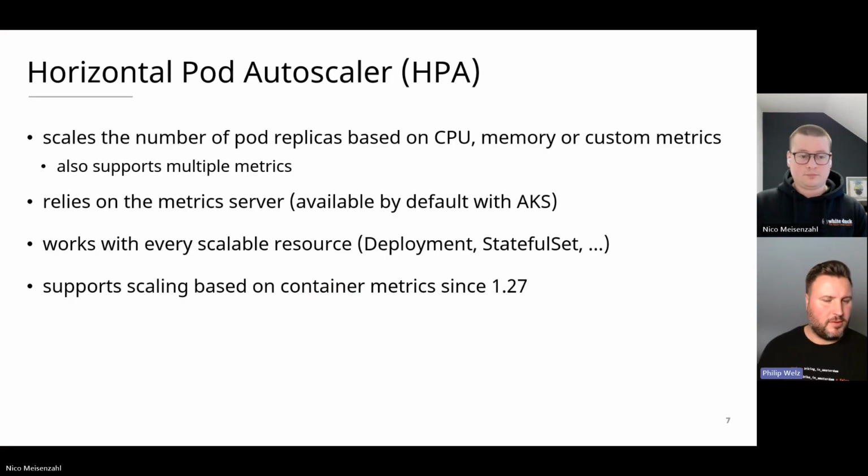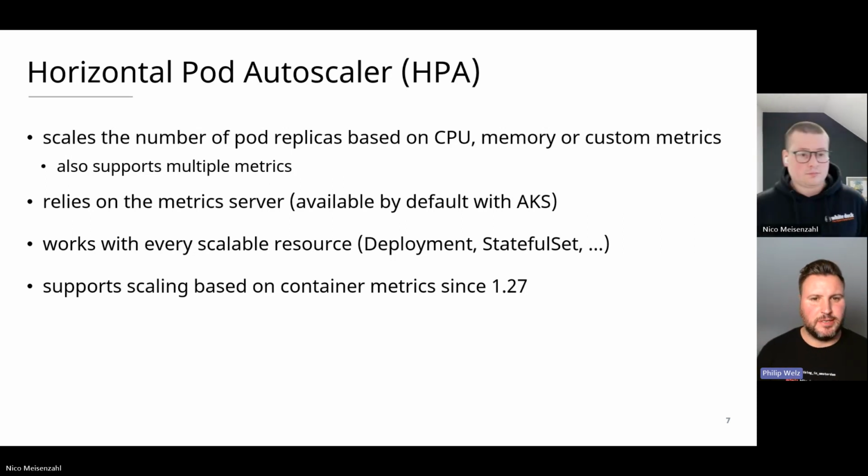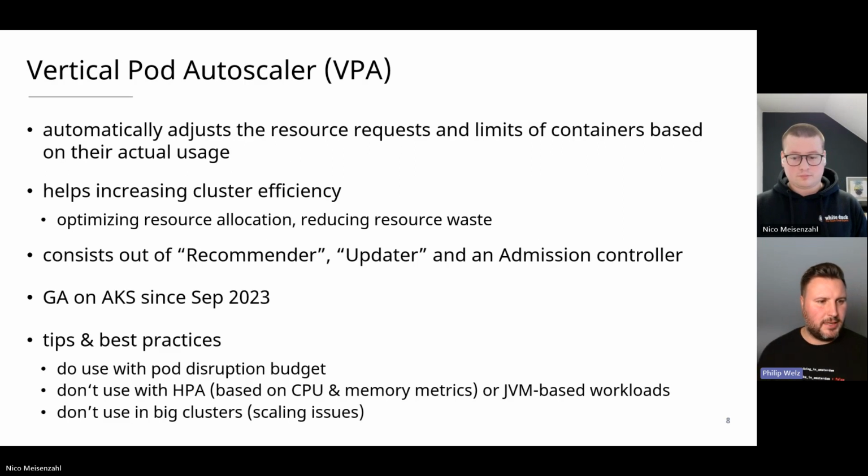Okay. So as Nico told us, the HPA scales horizontally, so it means it adds more pods. But since September, we have GA, the VPA, which is on the next slide, which is the Vertical Pod Autoscaler.